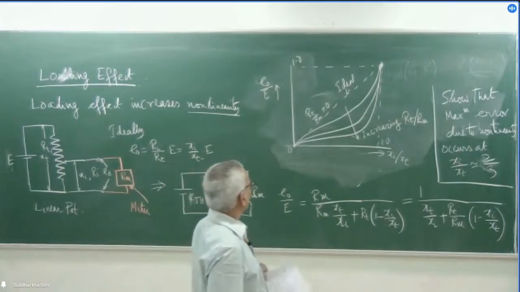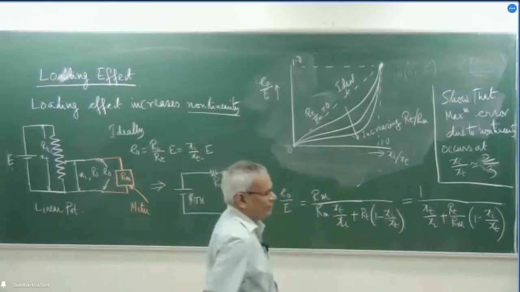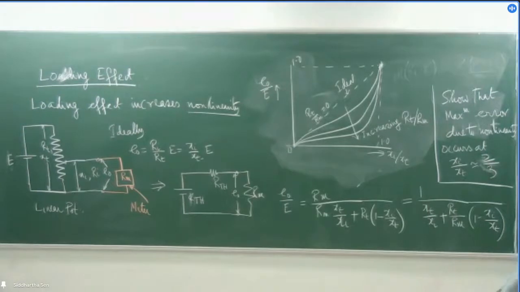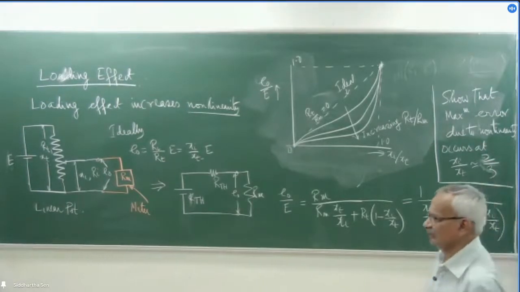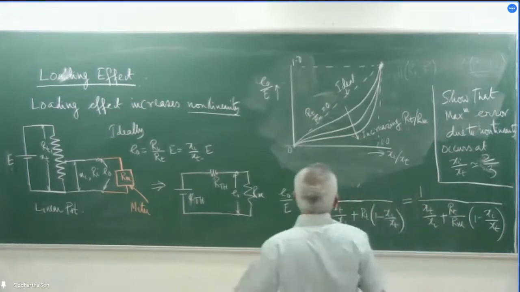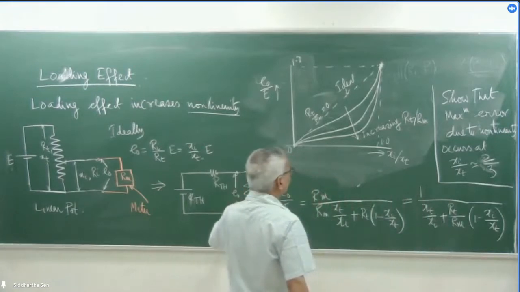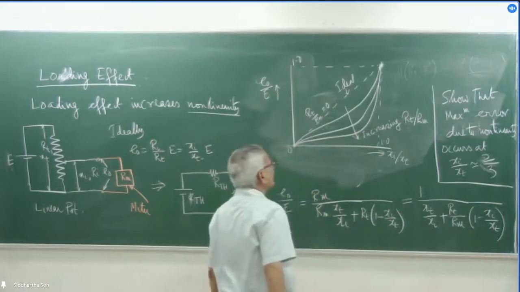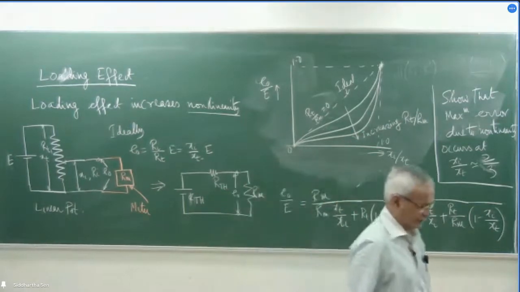Obviously it's a crude example where we are not using a digital multimeter, which has a very high input resistance, but this will be causing the nonlinearity due to the loading effect.